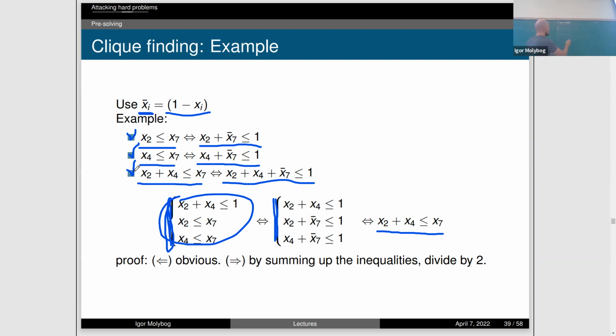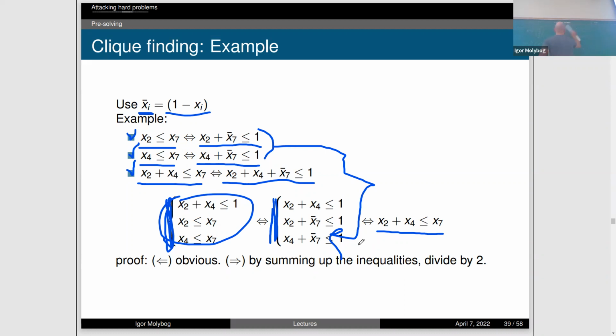I just added 1 to both sides, and this thing is x7 bar, and therefore x2 plus x4 plus x7 bar is less or equal to 1. These are inequalities that are equivalent to this thing.